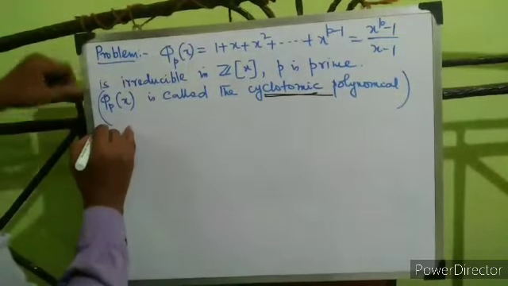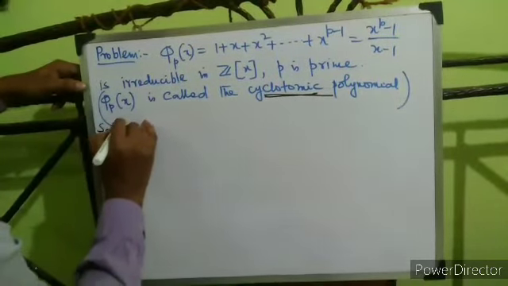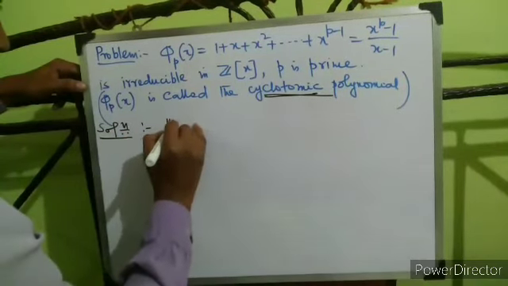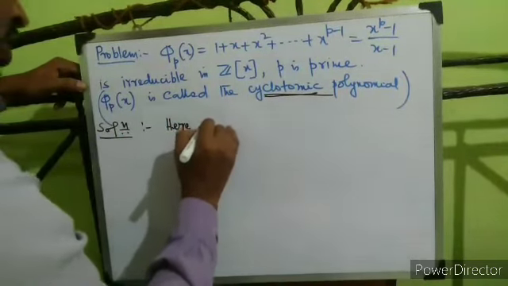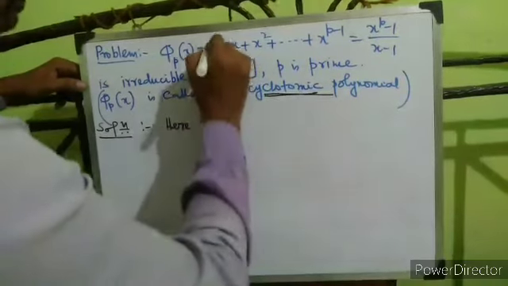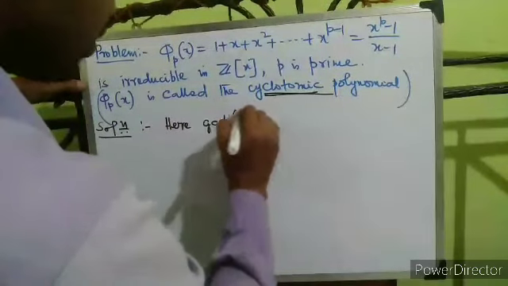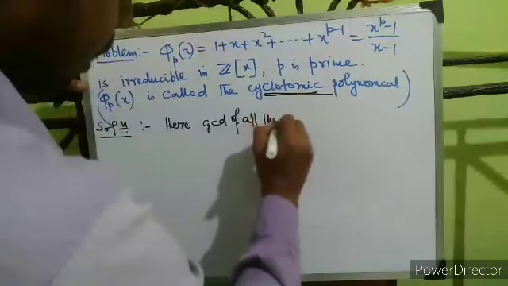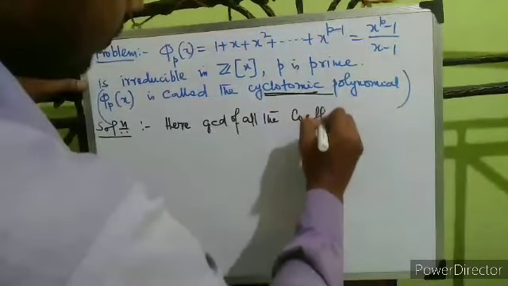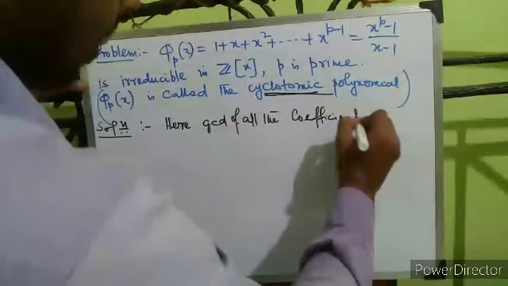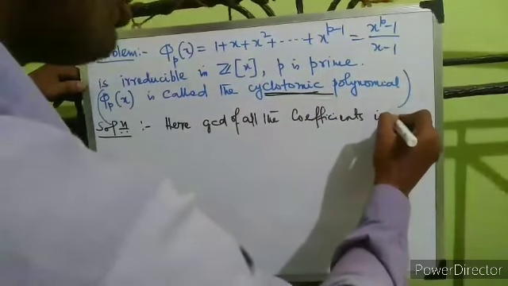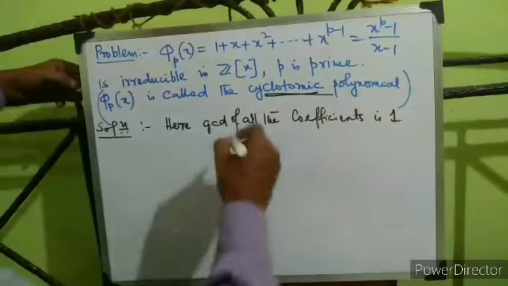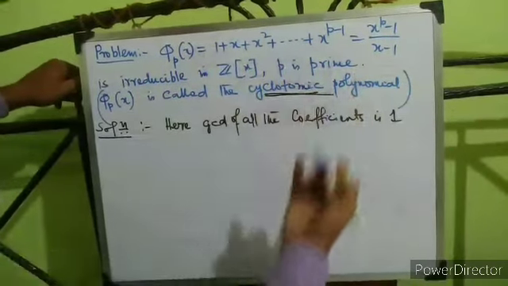So let's start the solution. Here, the GCD of all the coefficients is 1, because all are 1, so the GCD is 1.